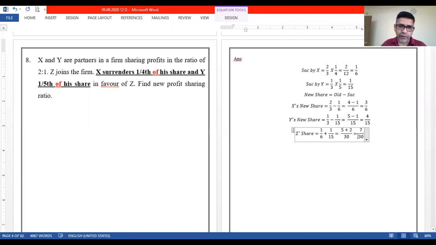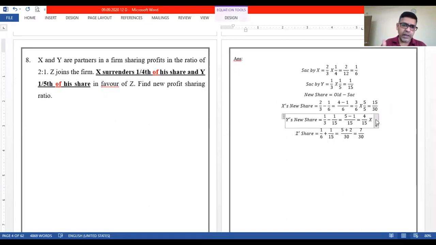Now, again, if I have to write a new ratio, I need to ensure that the denominator is equal for all the partners. So this is 3 by 6. If I have to convert it into 30, right, I need to multiply by 5. Okay, so this will be 15 by 30. Over here it is 4 by 15.